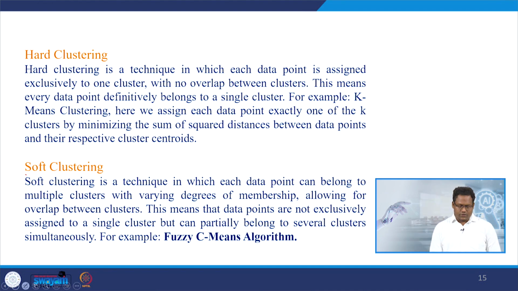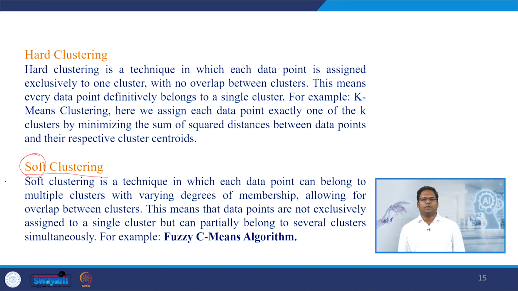Whereas, in soft clustering, as the name indicates, each data point may belong to multiple clusters with varying degrees of membership grades. The degree of membership or the membership grade differs, allowing for overlap between clusters.